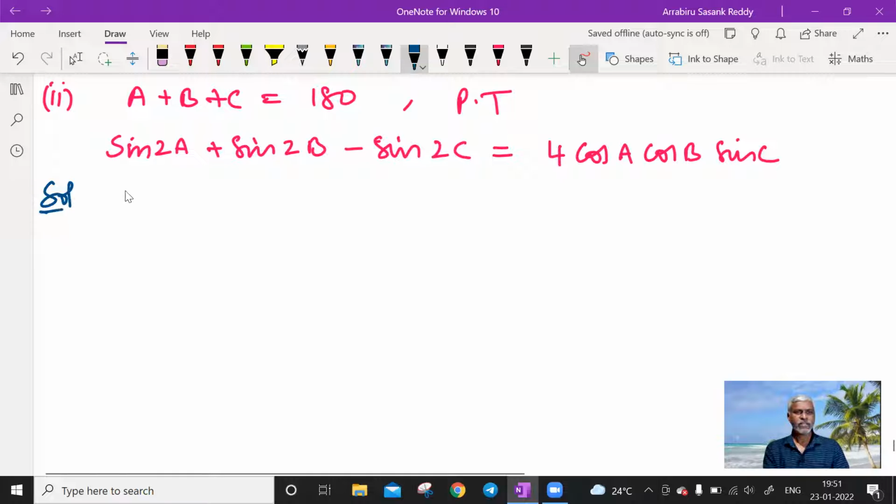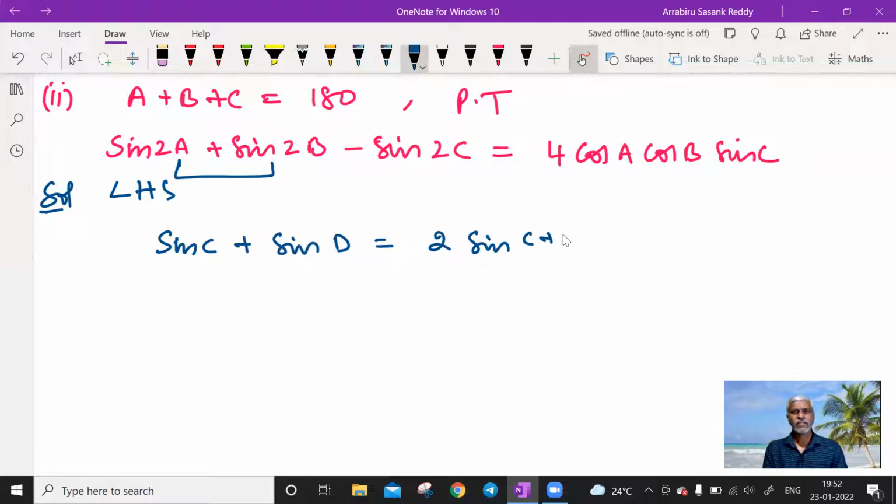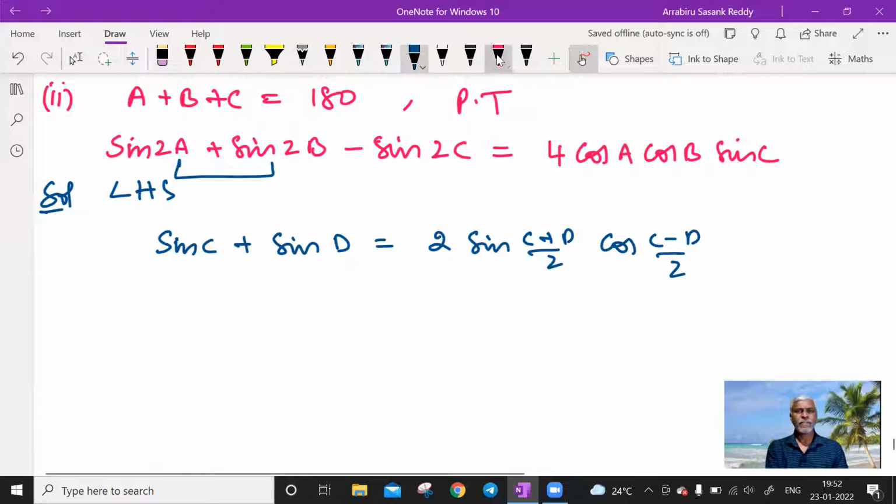Now let us take the LHS and proceed. For the first two terms, use the sin C plus sin D formula: 2 sin((C plus D)/2) cos((C minus D)/2).